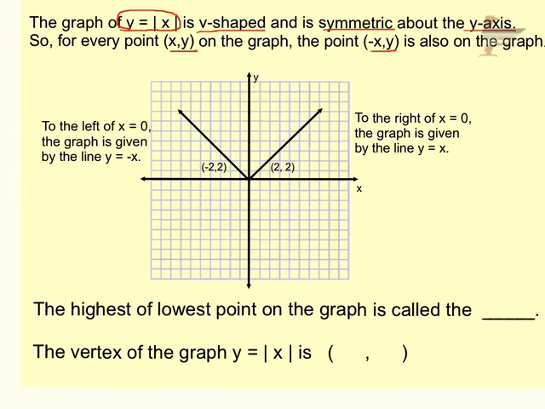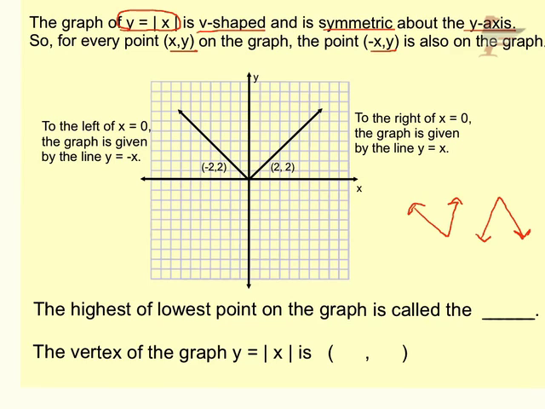So this is what we call the parent graph, y equals the absolute value of x. It will always make a V shape, and it's either going to open up or open down. They never open to the right or to the left, and the shape never changes.